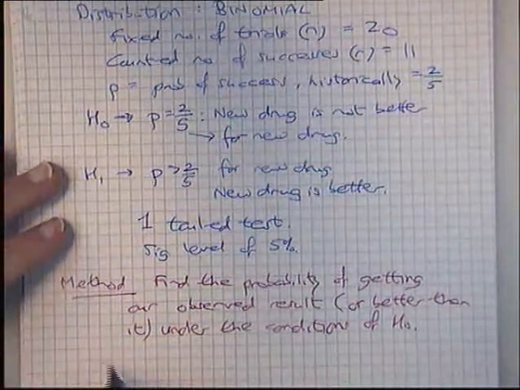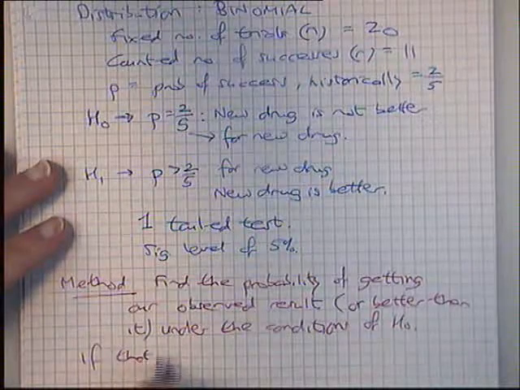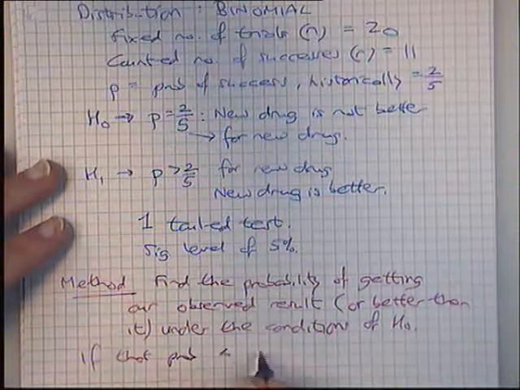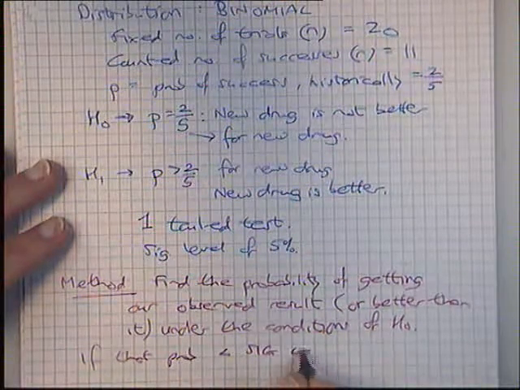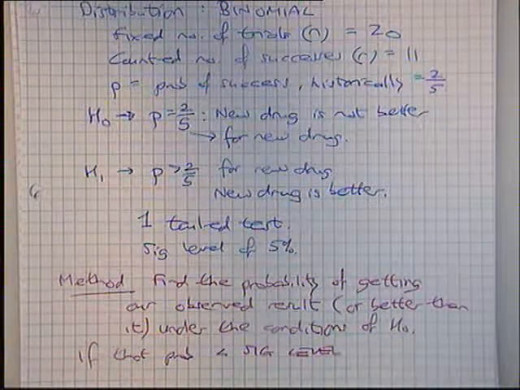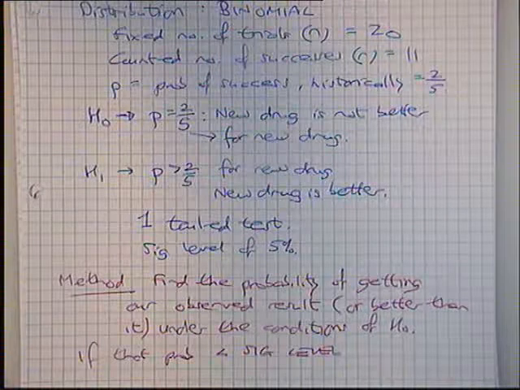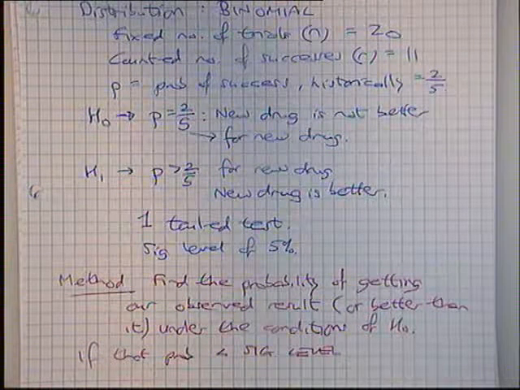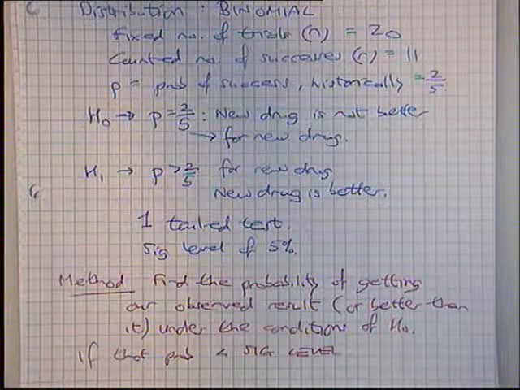And then if that probability is less than our significance level, so if the probability of getting what we have seen is smaller than 5%, we're going to say, hang on, it's so unlikely to have happened, we don't believe it is 2/5 anymore.